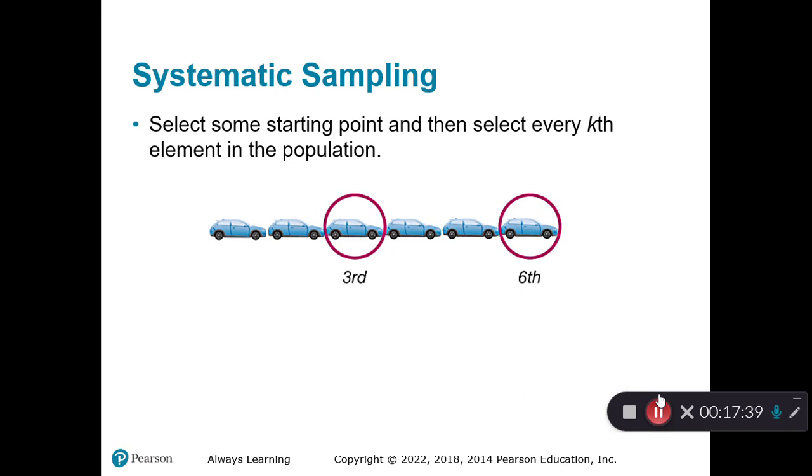While the 4th and the 5th car could have been part of the sample initially, because I could have begun my sampling with either one of those as my first car, once I choose a starting point, there are certain cars that can no longer be part of the sample. So each individual car can make it into the sample initially, but once I choose a starting point, certain ones are cut out.